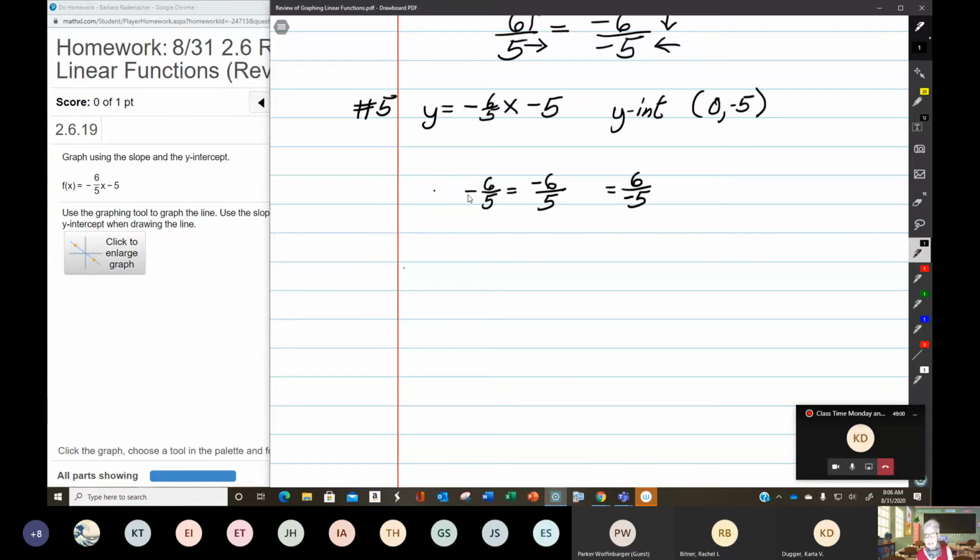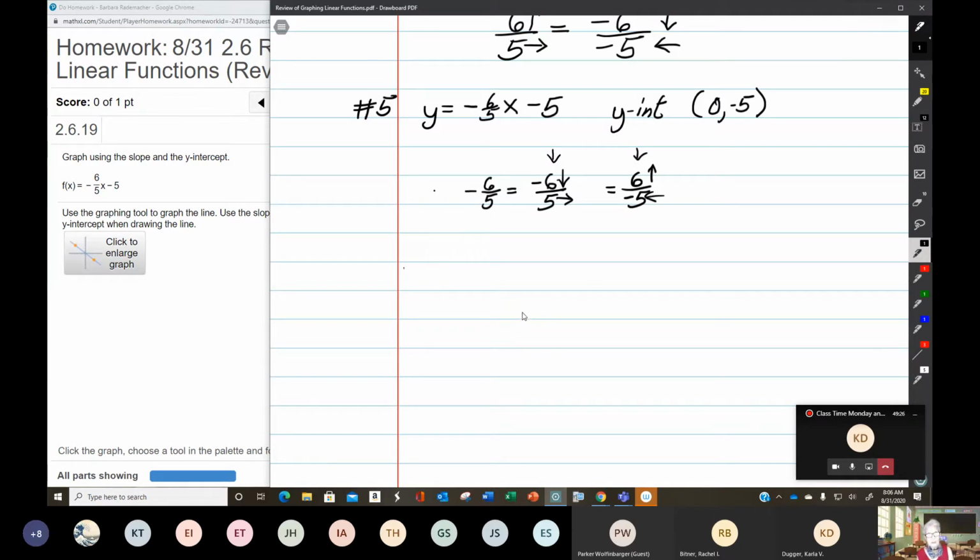So they're entirely equal to each other, but these 2 forms translate into movement. This says go down 6 units and to the right 5 units. This says go up 6 units and to the left 5 units.